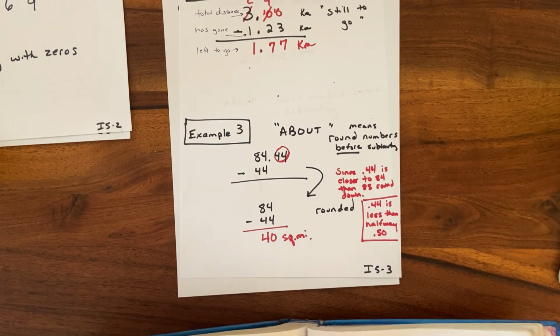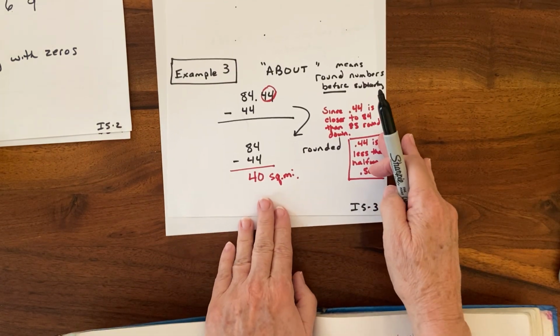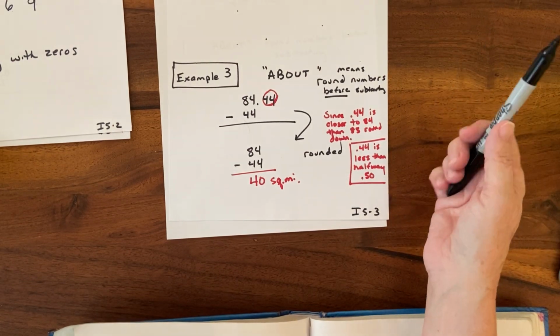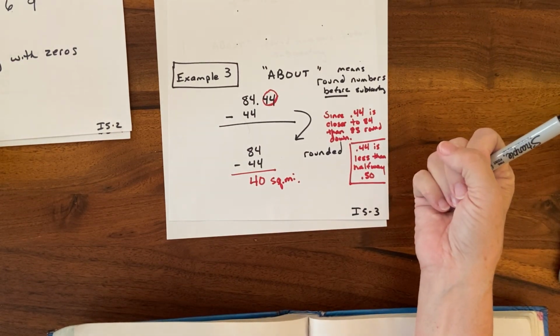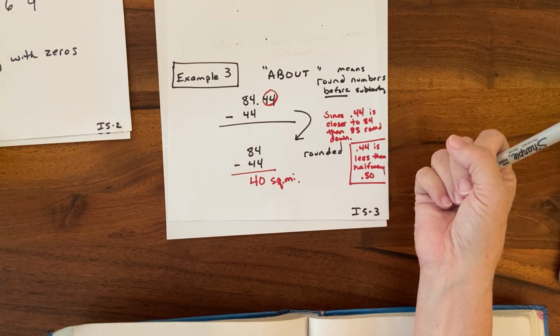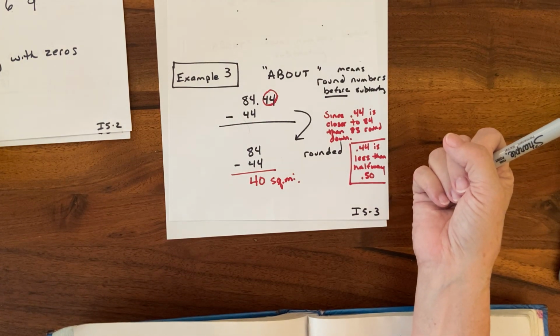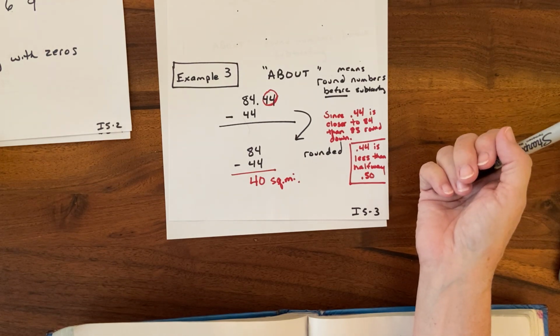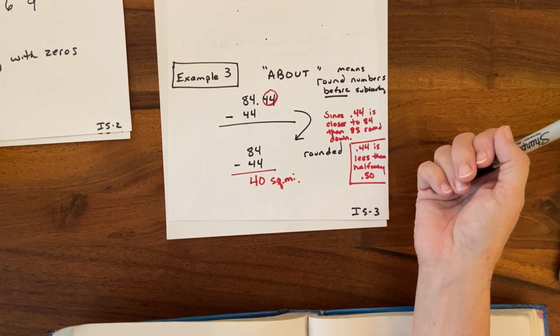Example 3. The trick with this one is it's an estimating problem. So in 2004, the land area of Laredo, Texas was 83 and 44 hundredths square miles. In 1993, the land area was only 44 square miles.